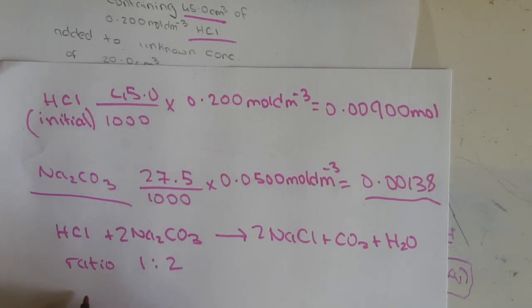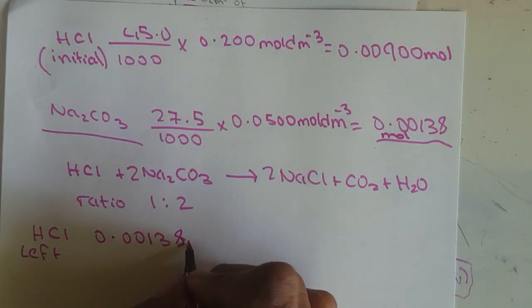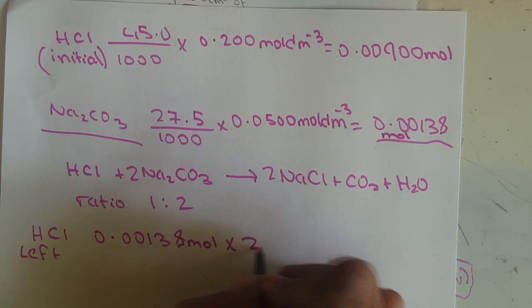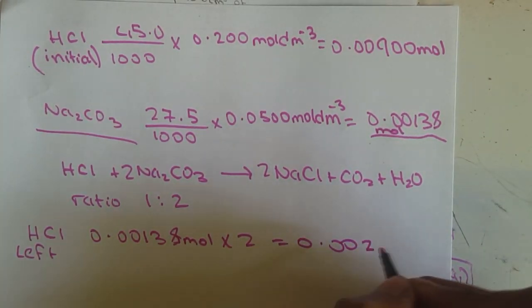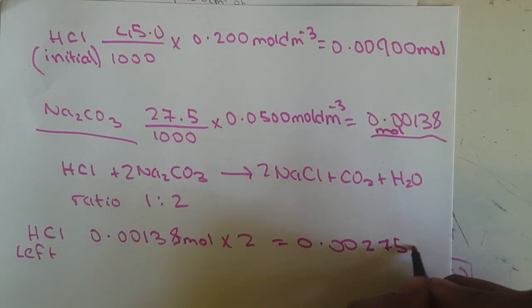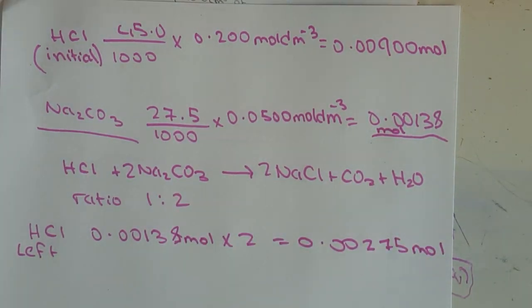So the HCl left is the moles times 2, and I calculated that to be 0.00275 mol.